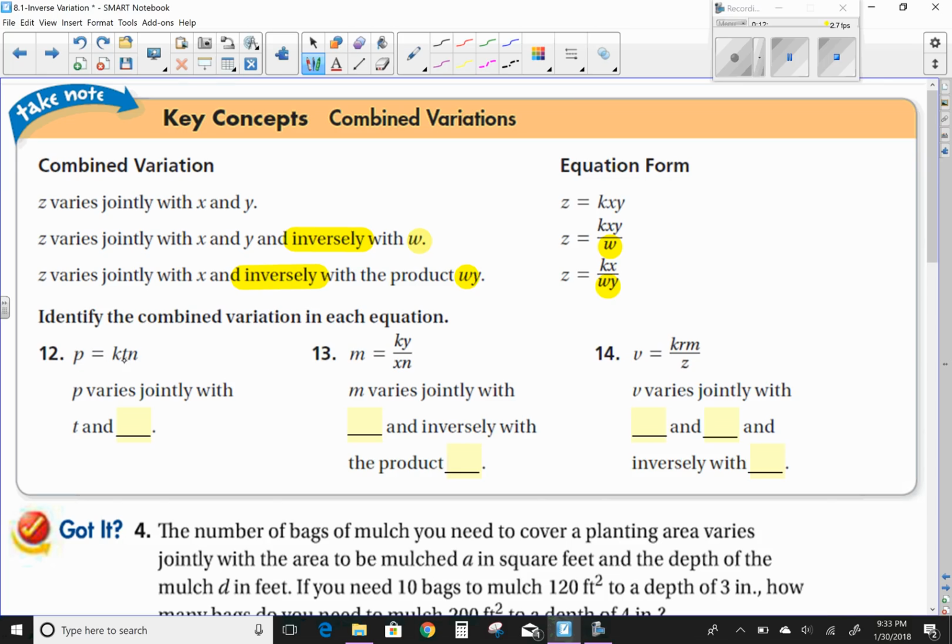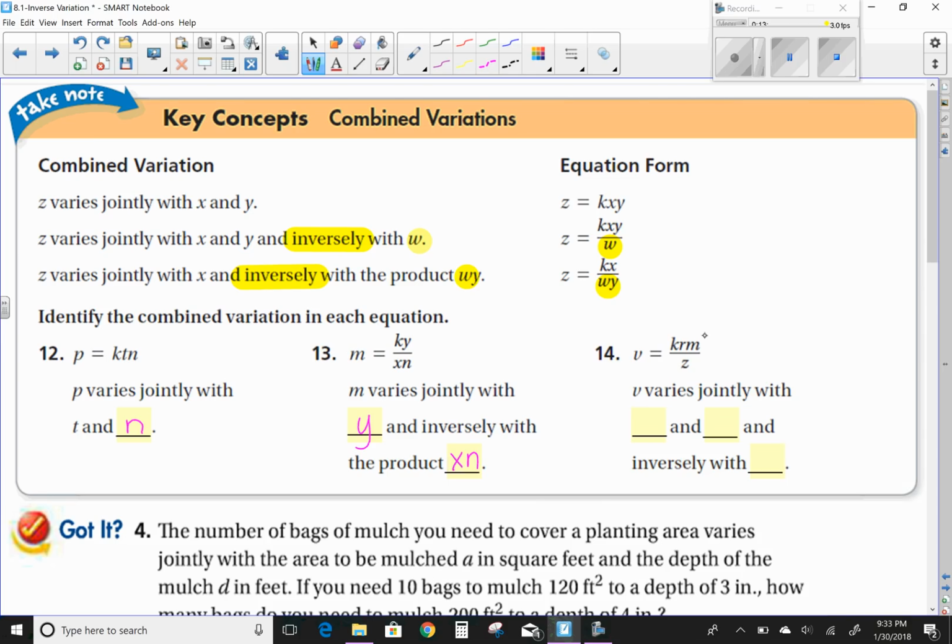So P equals KTN means P varies jointly with T and N. M equals KY over XN. That means M varies jointly with Y and inversely with the product XN. 14.